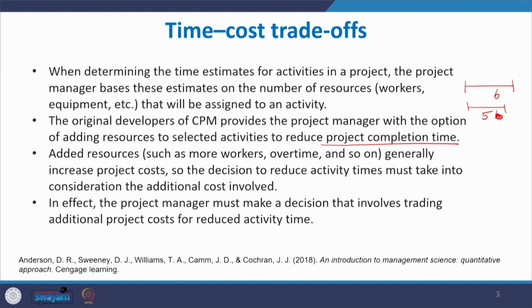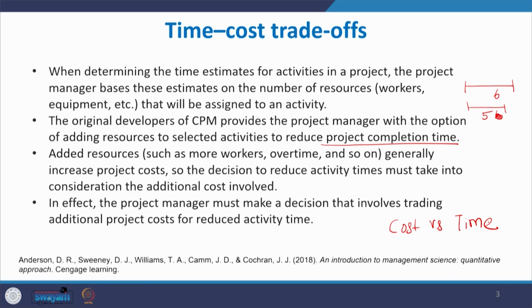So the decision to reduce activity time must take into consideration the additional cost involved. In effect, the project manager must make a decision that involves trading additional project cost versus reduced activity times. We need to have a trade off between cost and time.